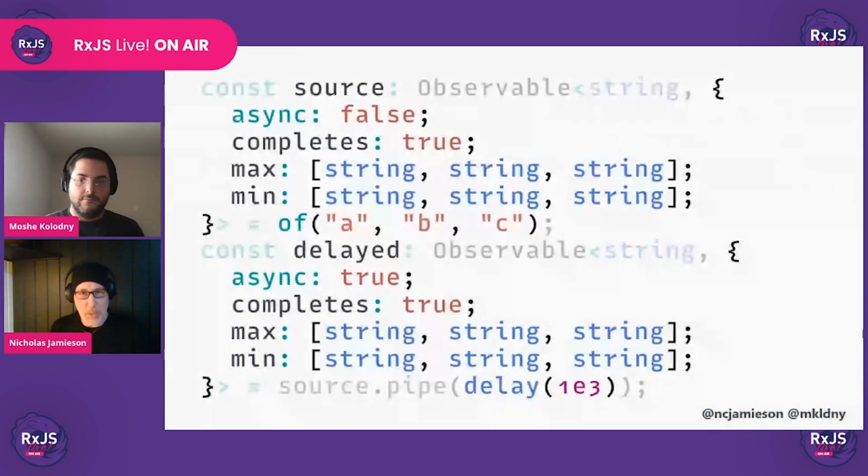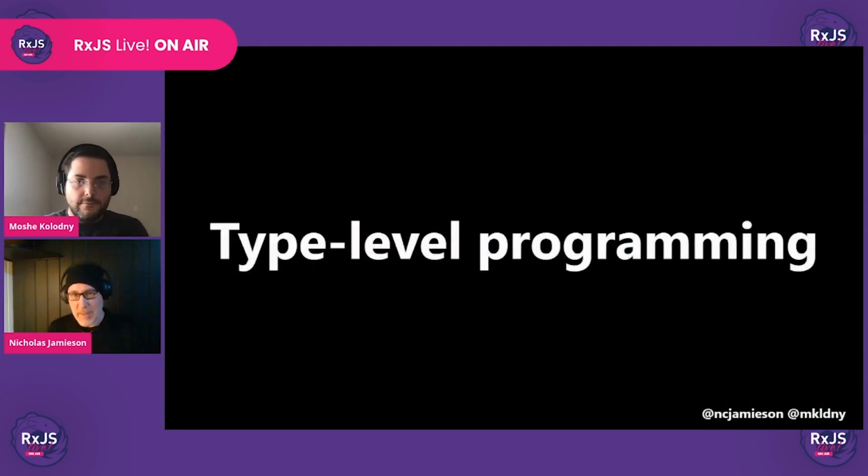So it's always still going to emit three strings, but it's going to emit those asynchronously. The way this works is it's all done inside TypeScript. Inside of each operator, there is some type level programming that manipulates the traits in the Observable that serve as the source to give us the traits for the Observable that's coming out of the operator. So I'll hand over to Moshe now, and he can tell you a little bit about type level programming.